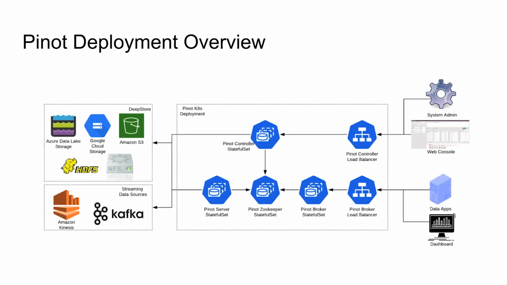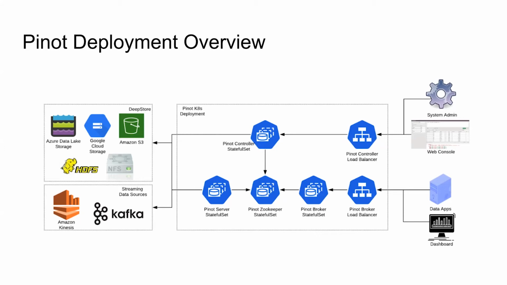In terms of the container configs, it provides very stable and unique network identifiers, as well as stable and persistent storage. In terms of the deployment, it provides ordered and graceful deployment and scaling, and also we can do automated rolling updates.